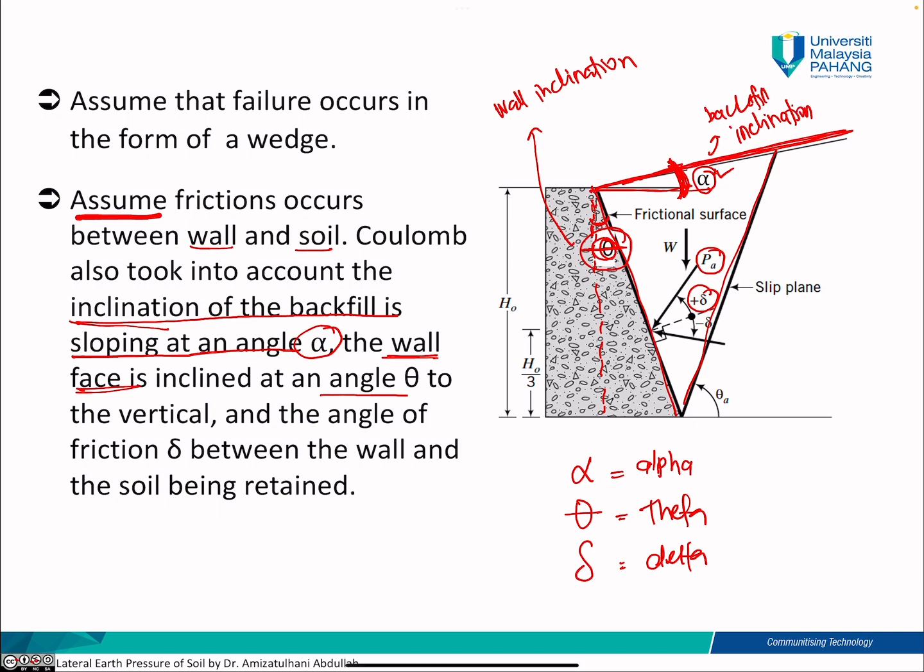The third one is the angle of friction delta, between the wall and the soil being retained. So sudut di antara friction delta antara wall ini dan juga backfill kita yang belakang. Basically, if this is your retaining wall, we want to know the force acting here. So the angle in conjunction with that is delta.